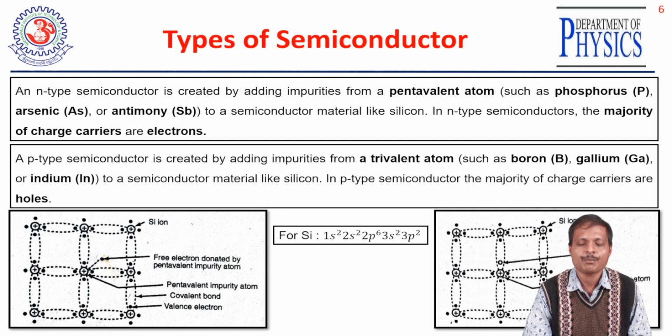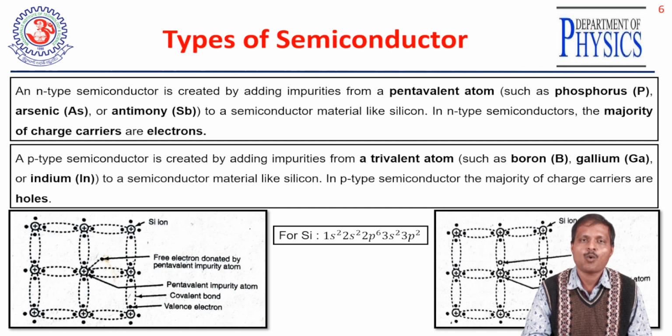Let's take the example of silicon. In the silicon case, the electron configuration is like this. Here there are 4 valence electrons, for n equal to 3, there are 4 electrons. So Si has 4 valence electrons.